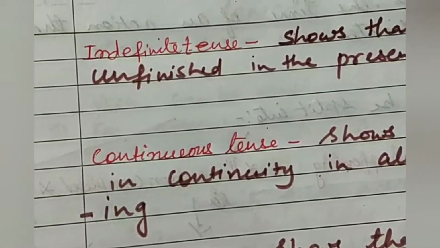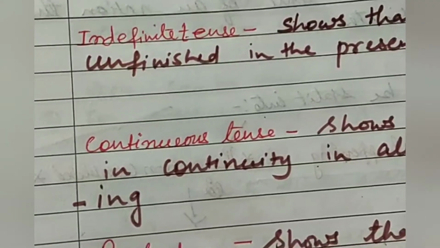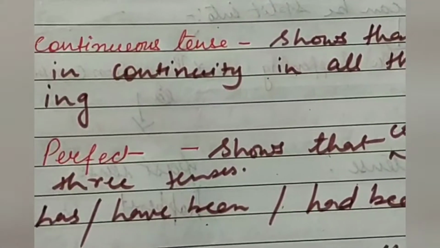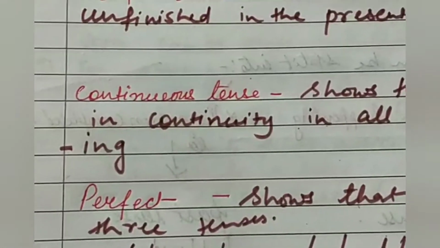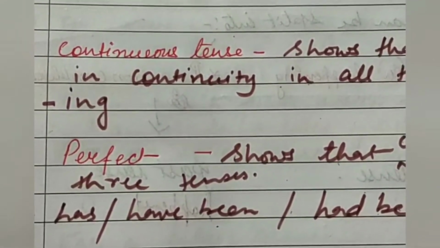And how will you guess that the action is continuing or the sentence is in continuous tense? You will see that after the verb, ing is added. So this indicates continuous action, or continuity. Then perfect tense shows the completion of action in all the three tenses, and it is indicated by the words have been or has been, and in the past had been.